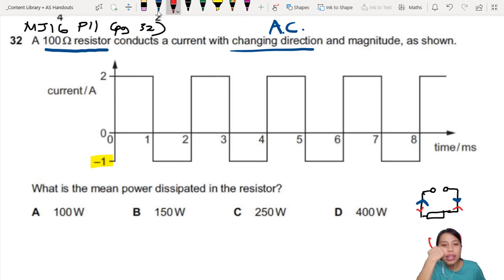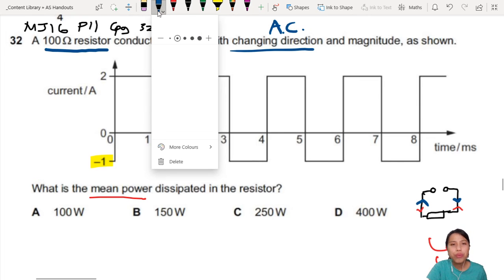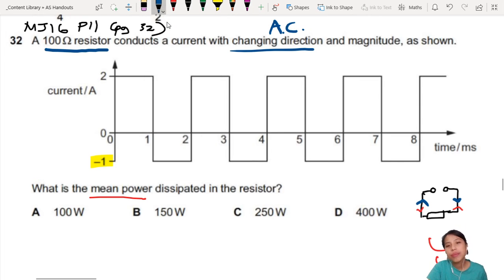So how are we going to find the mean power here? Mean also means average, by the way. How do we find the average power? Here's a trick you want to keep in mind when you see alternating graphs like this. If you want to find the mean power, you need to find each section separately.